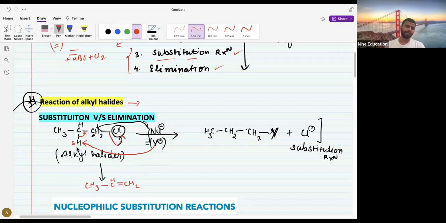So Y negative takes the hydrogen from the adjacent carbon.